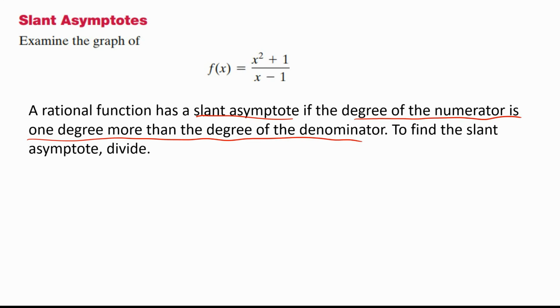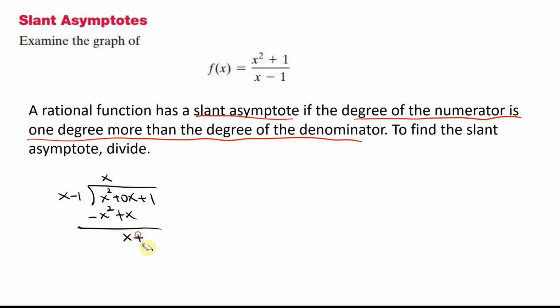Well, to do that, you just divide. So we always divide the bottom into the top. We're missing a 0, so we insert a 0 there. x goes into x squared, x times x is x squared. x times negative 1 is minus x. Draw a line, subtract, that becomes negative, becomes plus. Now this 0x is just 0. It's just there for a pivot position.